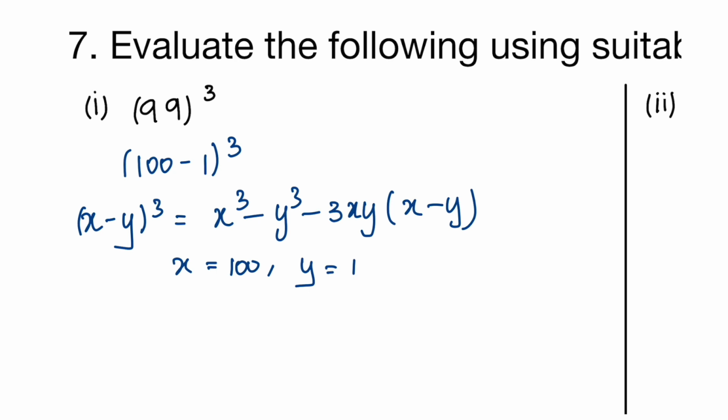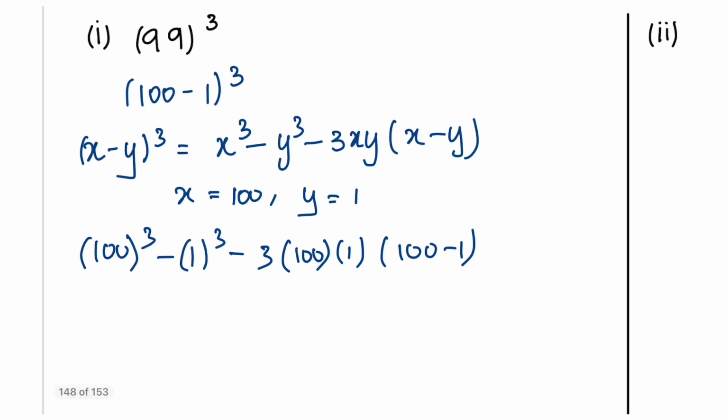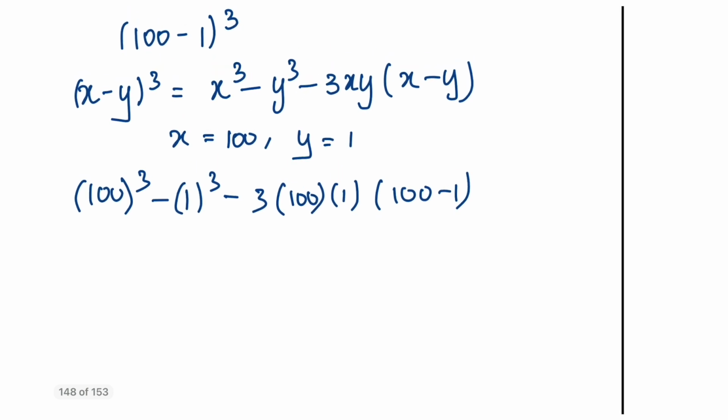So when you apply these values in this identity, it's 100 cube minus 1 cube minus 3 into 100 into 1 into 100 minus 1. We have also solved similar questions in examples, so this is nothing new. We have just written it in the form of 100 minus 1 the whole cube and we are going to evaluate it. 100 cube is 1000000, quite a big number, minus 1 and minus 300 into 99.